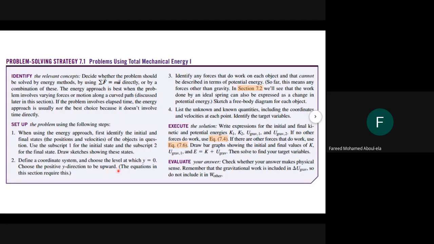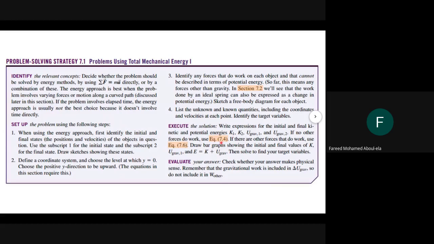So we've talked about this before. In the case of conservation of energy, you need to identify which forces are conservative and which are non-conservative. And with a picture, you always need a free body diagram. And then you can list the unknown and known quantities and identify the target variables.